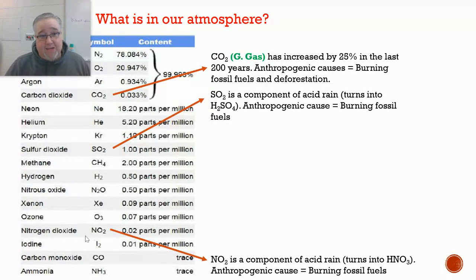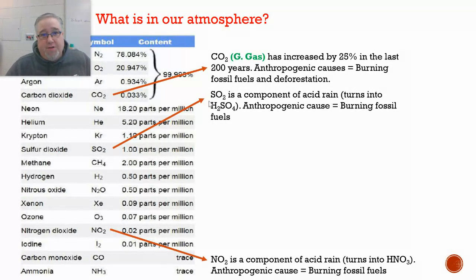Nitrogen dioxide is NO2. What's interesting about both of these is they are both components of acid rain, and we'll talk more about acid rain down the road. But I think you probably all have an idea that if there's acid in rain, that's probably not a good thing for the environment.